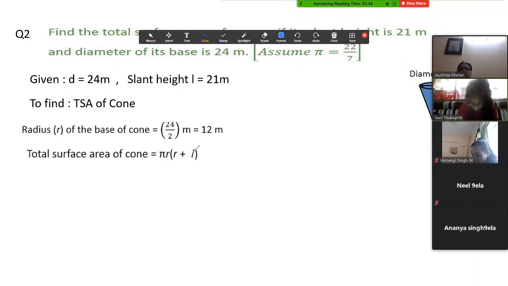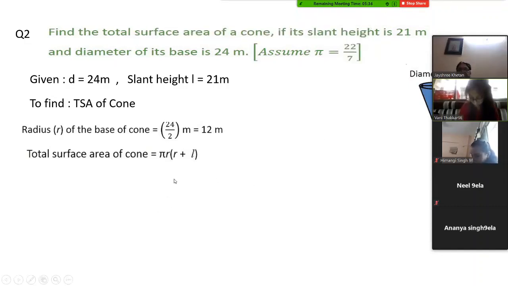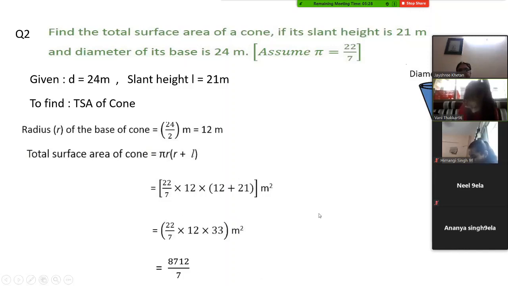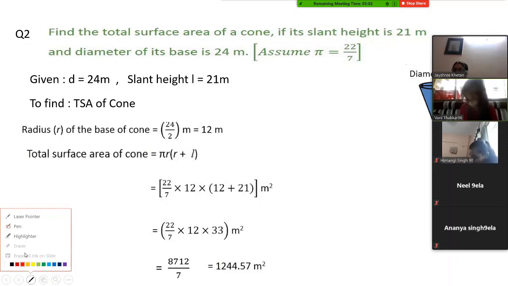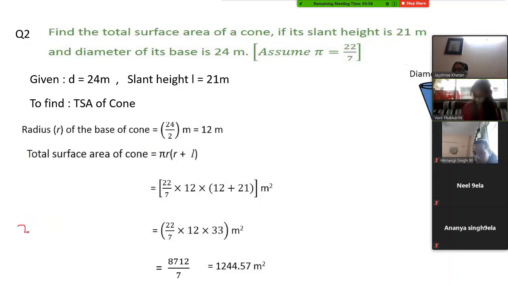Okay. Put the values. It is 1244.47. Good.